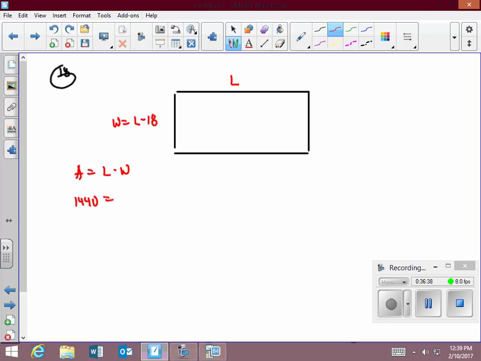And then if we just do length and substitute in the width L minus 18, we get 1440 equals, that's the area, isn't it? L squared minus 18 L. So how are we going to do that?